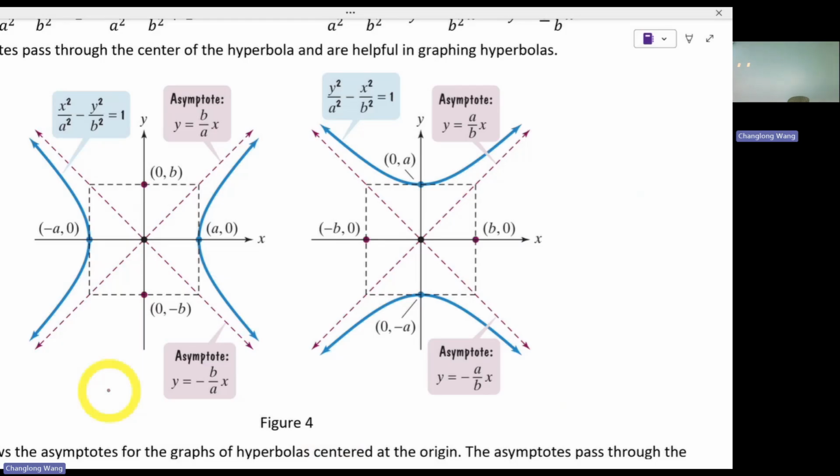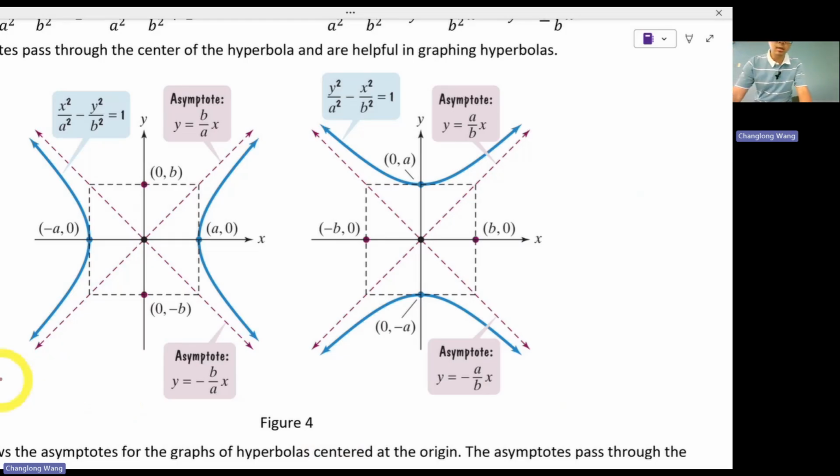You see that it's almost 50-50. If you ask me to tell you the asymptotes for the vertically opening hyperbola in 5 seconds, I couldn't do it. I have to think, maybe spending another 10-20 seconds. But trust me, that 10-20 seconds for doing the reasoning is worth it, because you're guaranteed to get the correct one.